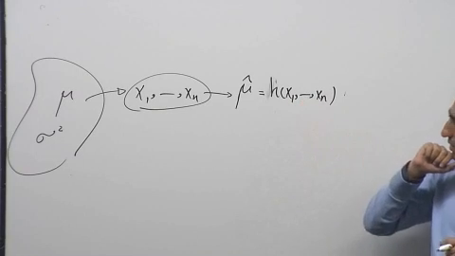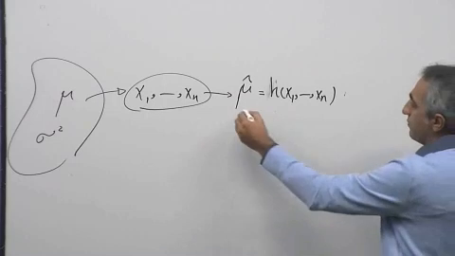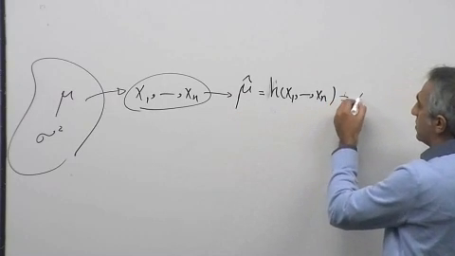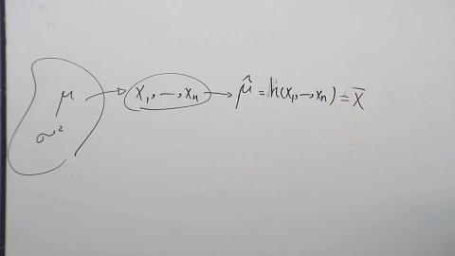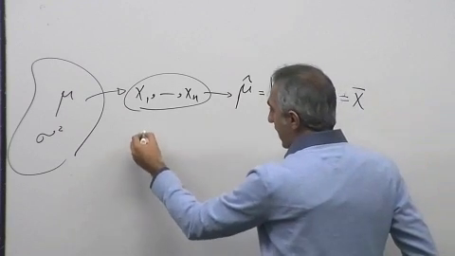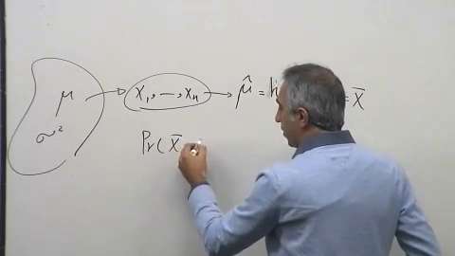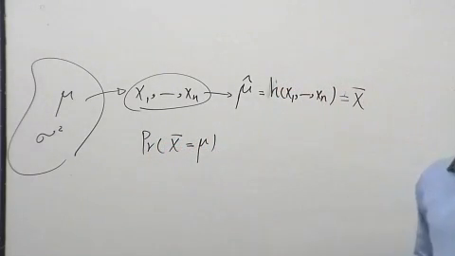Okay? But here is one problem. We know that, for example, in this case, the best estimator would be x bar. Now, if I ask you, what is the probability that x bar exactly estimates your mu or mean parameter in the normal population, let's say? What is that number? Anybody? So what is it? 0. Exactly. Why?